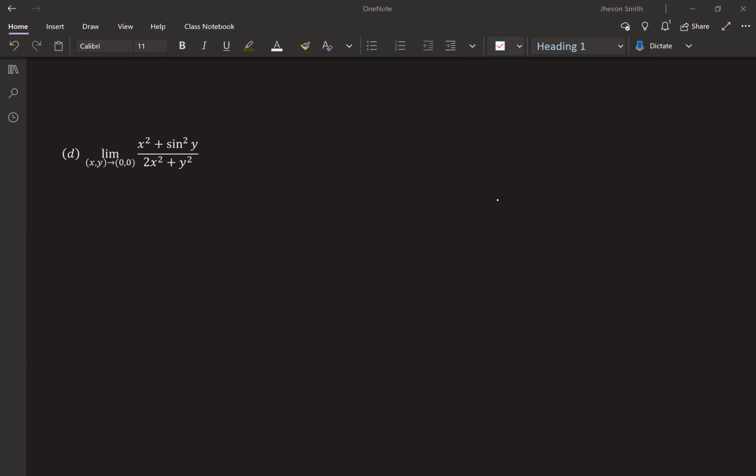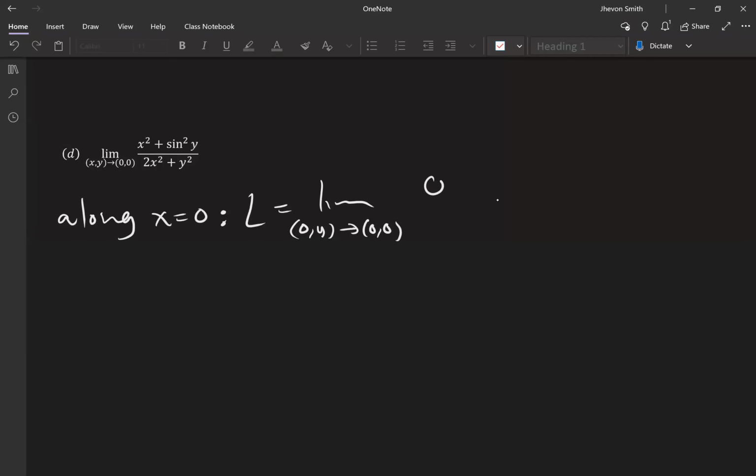All right, x equals 0. Makes sense. Obvious path, right? Our limit would look like the limit of (0, y) approaching (0, 0). So this is just the limit, and essentially it's y approaching 0 of sine squared y over y squared. What is that limit?